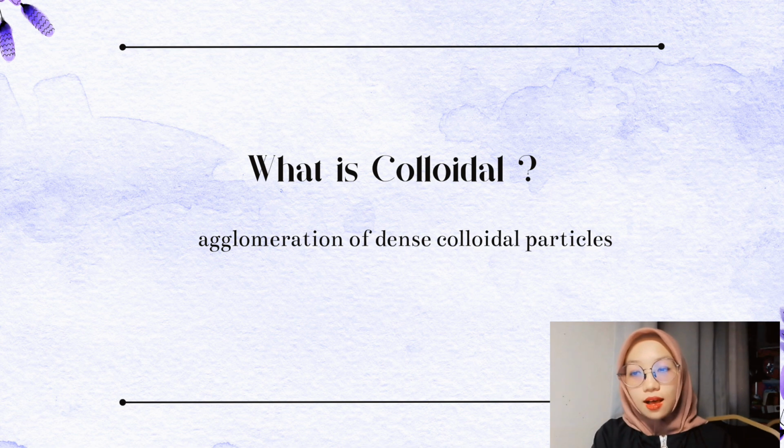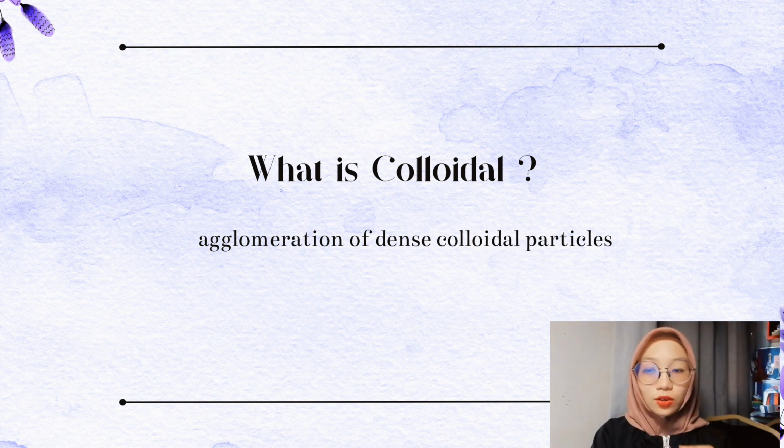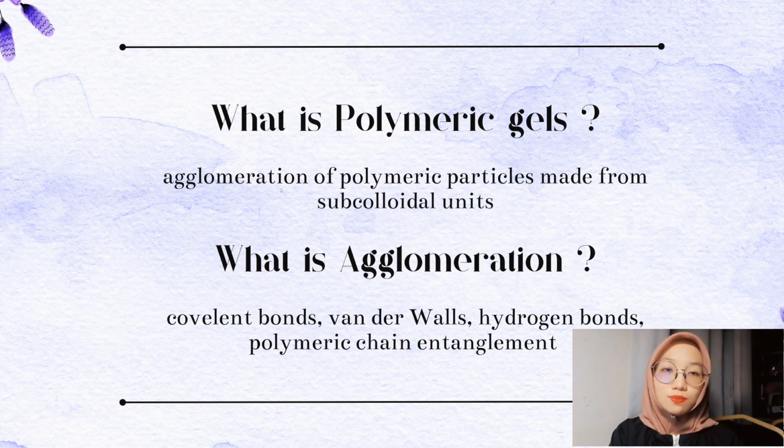What is a colloidal gel? It is an agglomeration of dense colloidal particles. What is a polymeric gel? It is an agglomeration of polymeric particles made from subcolloidal units, while agglomeration is through covalent bonds, van der Waals forces, hydrogen bonds, and polymeric chain entanglement.